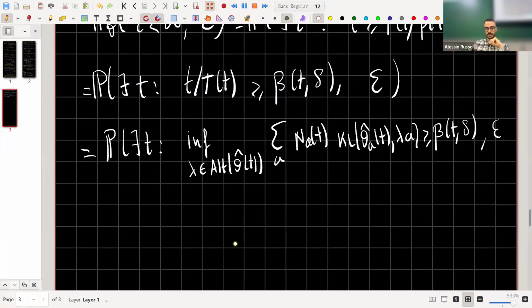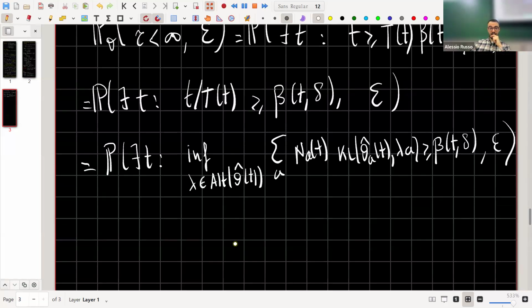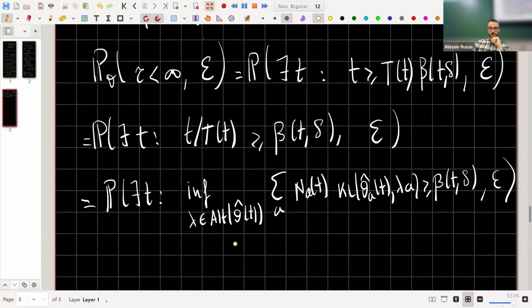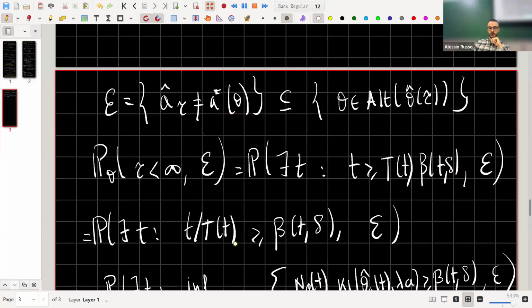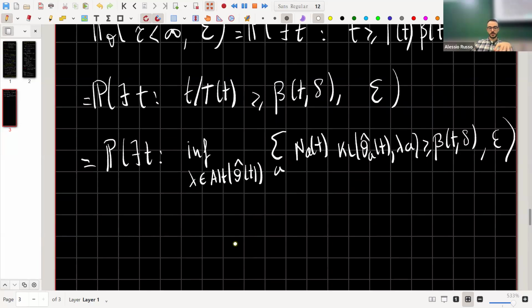And then we also have our event. But our event is telling us that at this stopping time, we have not estimated the true arm, which means that the true model is an alternative model for our estimated model. But if the true model belongs to the set of alternatives, then we can just plug in theta here.